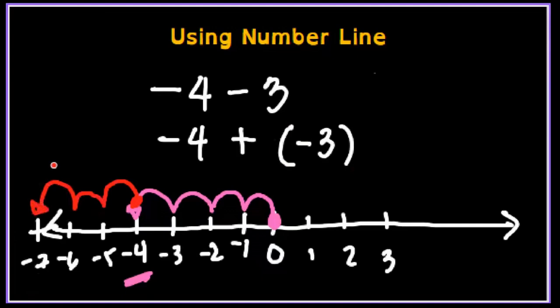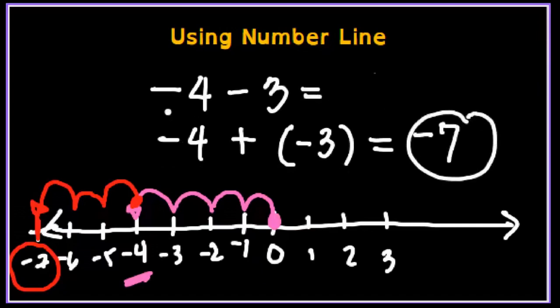Okay? So, therefore, our stopping place is negative 7. Kung saan siya natapat. Therefore, also, the final answer here is negative 7. Negative 4 plus negative 3 is negative 7. And negative 4 minus 3 is negative 7.